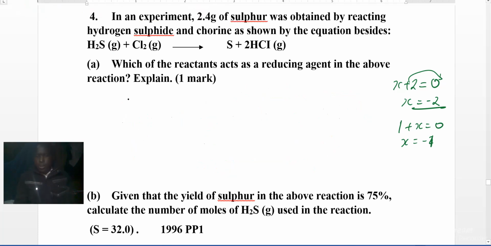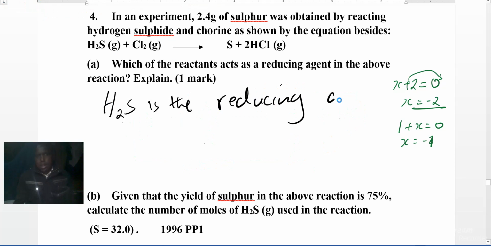So to answer the question, hydrogen sulfide is the reducing agent. Reason?